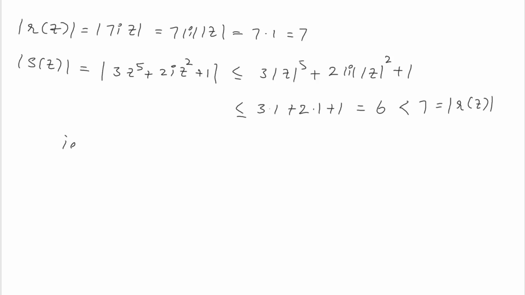So in total we have modulus of s of z is less than modulus of r of z on the circle mod z equal to 1.